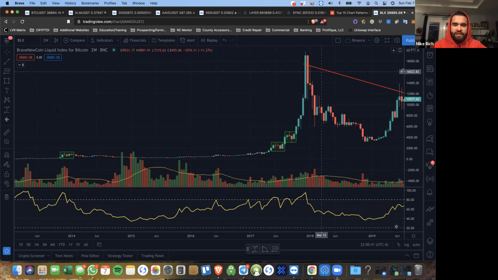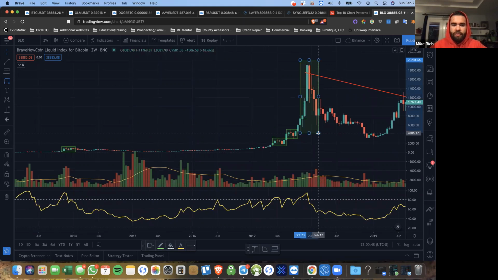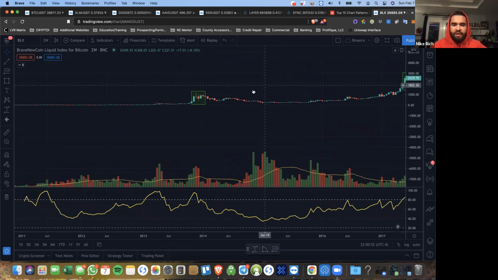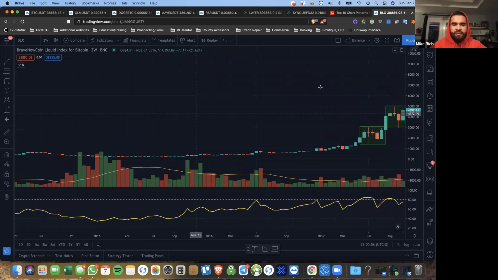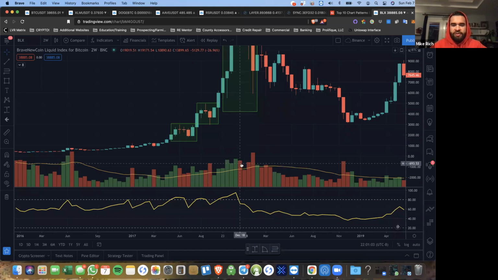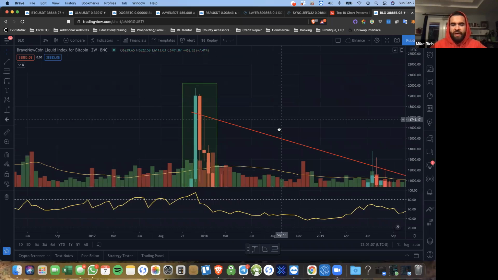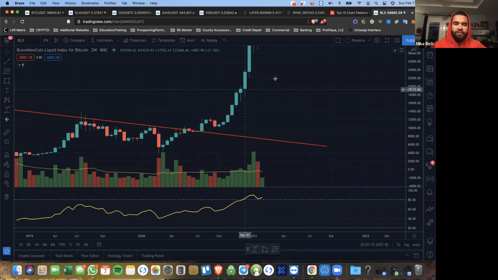Just this one's a little bit more crazy, a little bit bigger. It wasn't exactly the same, but nonetheless, blow off top or rejection here, right? You guys can see volume. This was the volume bar for it. Pretty equal. Above average, came down, boom, but we broke out.